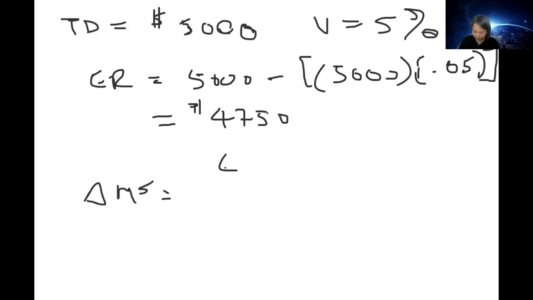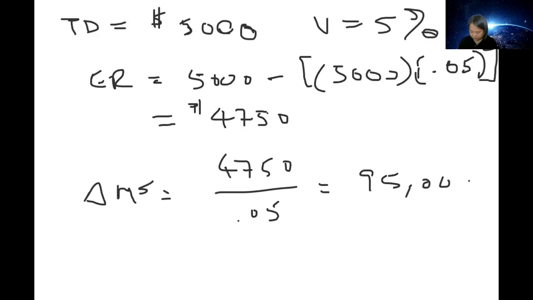We go 4,750 divided by 0.05, which works out to $95,000. That is pretty staggering if you think about it: a deposit of $5,000 creates $95,000 of new money in our country.